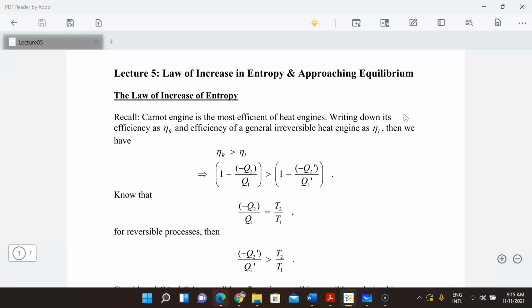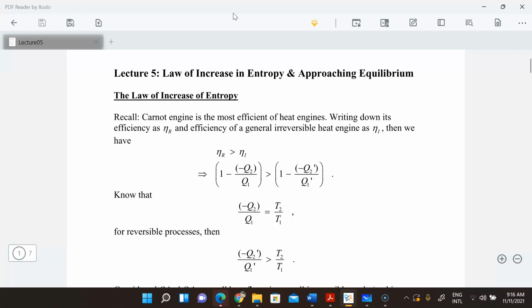And this we have already started before by comparing, for example, the efficiency of your Carnot engine with another heat engine, which is going to be an irreversible one. So you'll find that the Carnot engine is the most efficient.